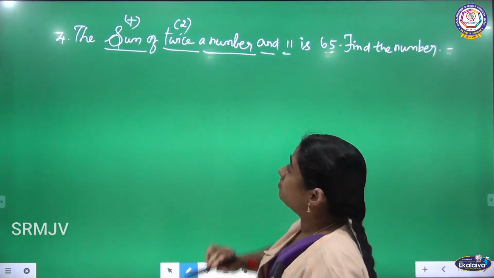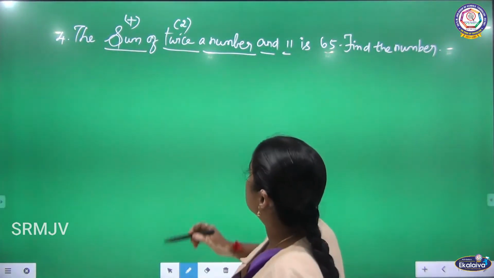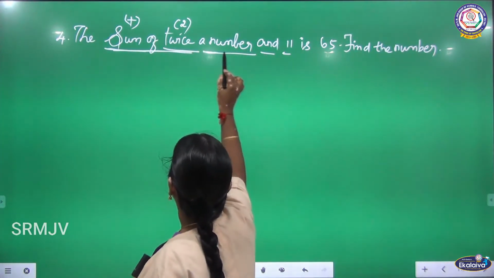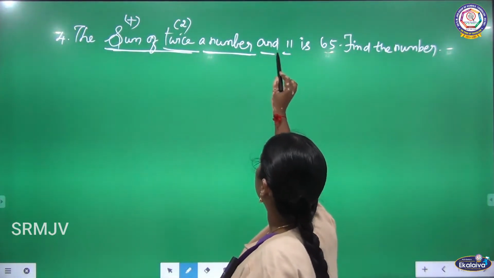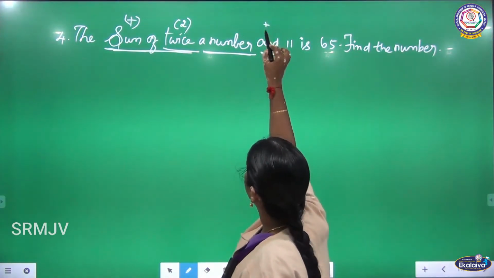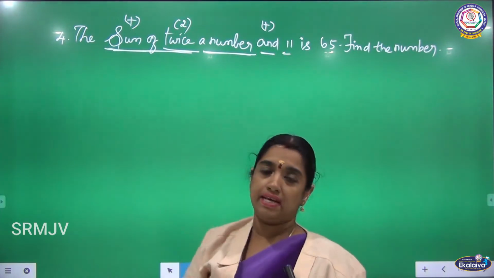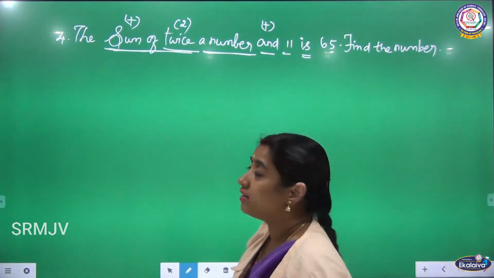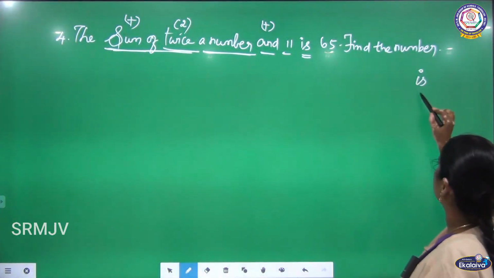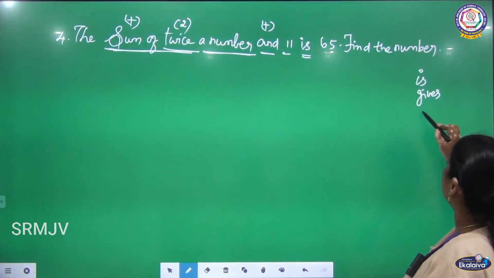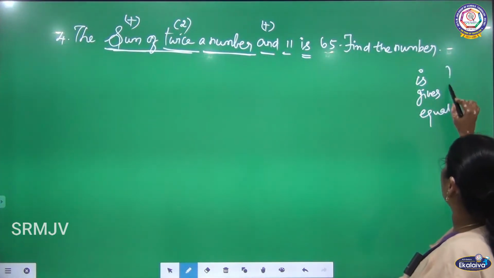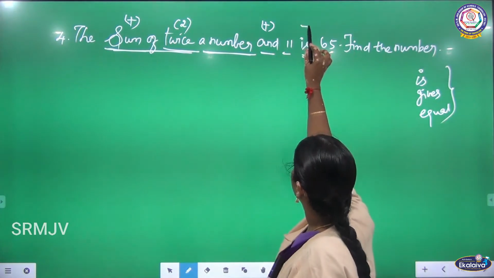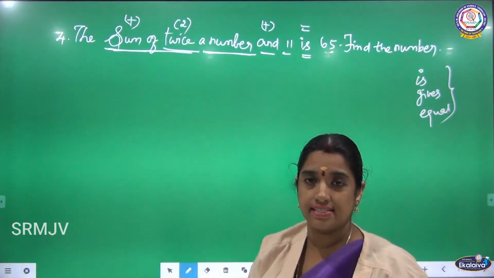And 11. Got it? A sum of twice a number and 11. So here I am going to put the plus symbol. Okay. Is means what? Is, gives, equal. They have the same meaning, is it or not? So equal to what? 65.